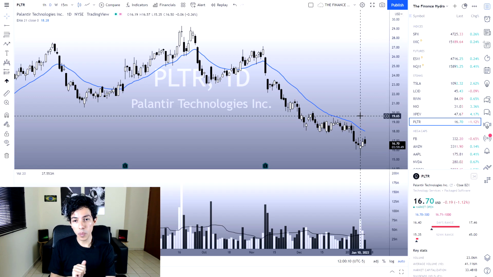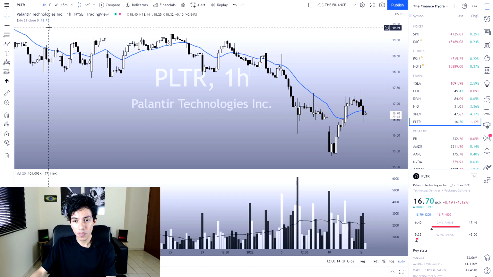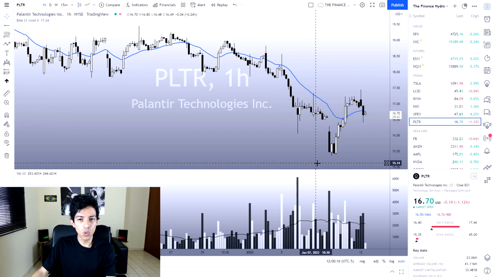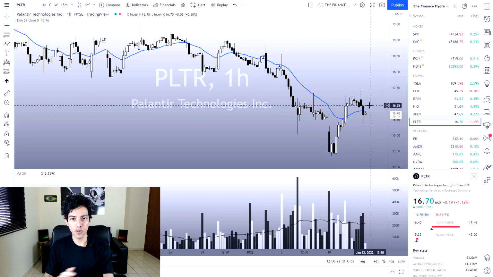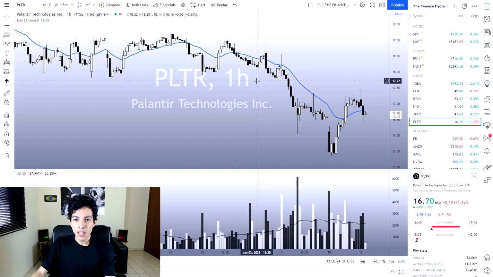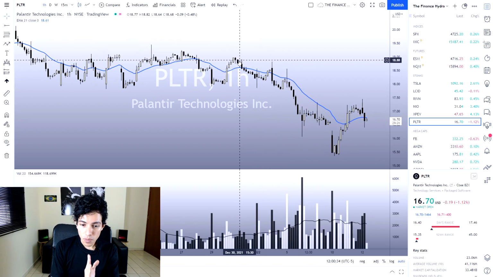There is hope that Palantir might reverse. Okay, and this hope is going to begin in the 1 hour chart. Every single reversal, mid-term, long-term reversal, is going to occur in smaller time frames. And if you ask me, there's a chance that Palantir might reverse. Palantir is moving according to what we see on the indices.